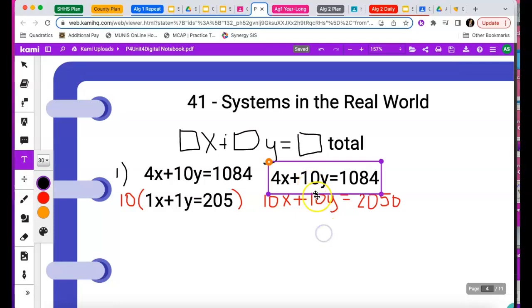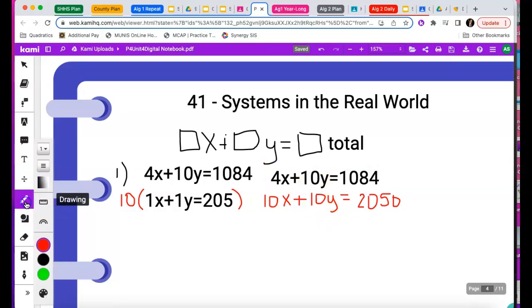So what we did there is now we have that those 10y's are going to eliminate. So since they're the same, we're going to subtract the rest of our values. So 4 minus 10, that's going to give us negative 6x. The 10s are going to cancel, so you can kind of cross those out. And then we have 1,084 minus 2,050, and I'll type that into the calculator really quick. So that gives us negative 966.